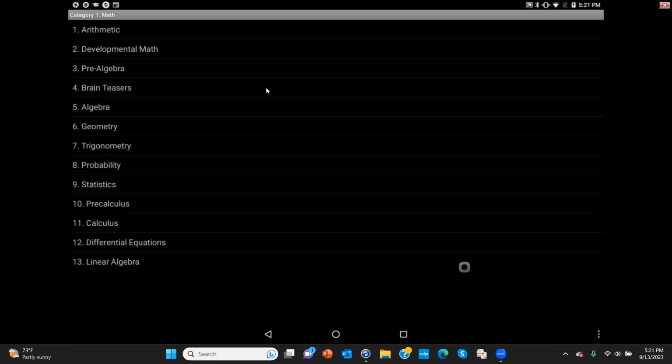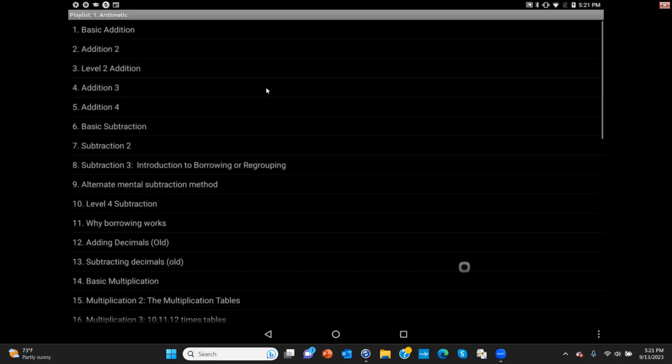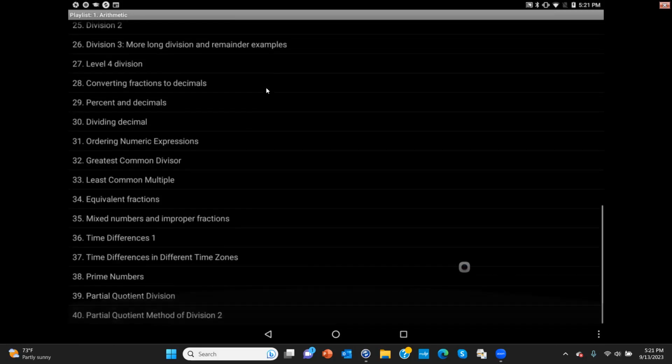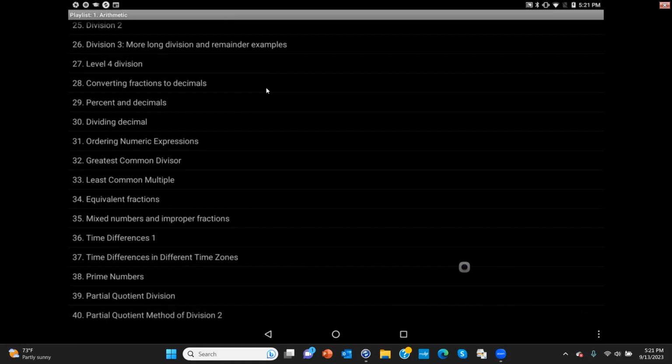When you scroll up, you're going to see 40 categories of math, covering addition, subtraction, multiplication, division, long division, short division.